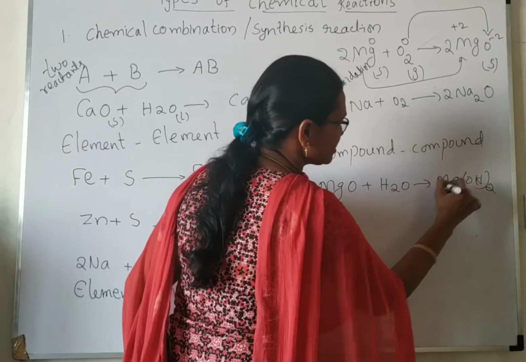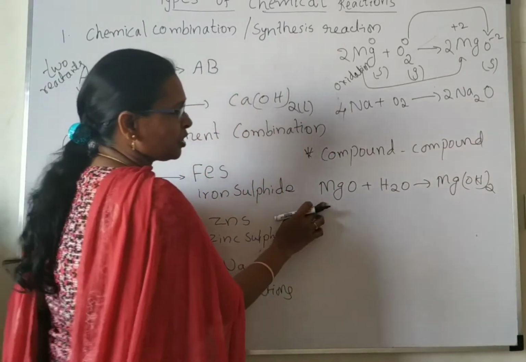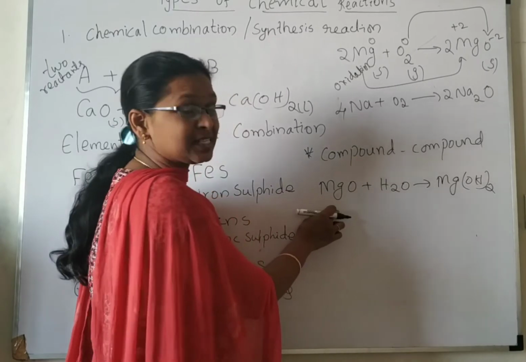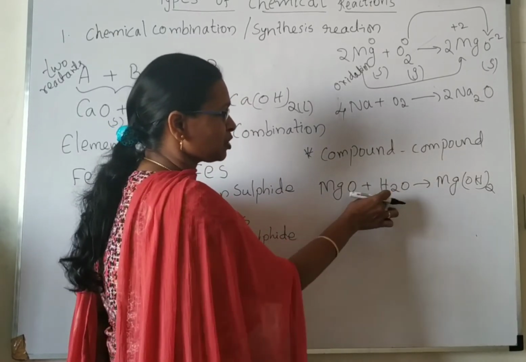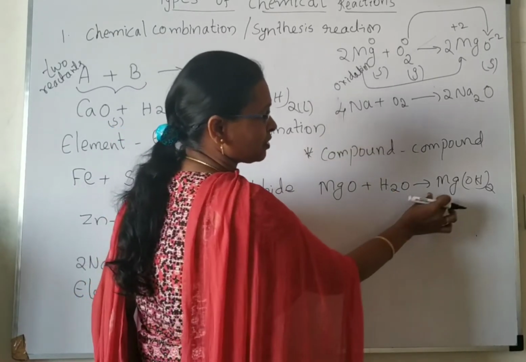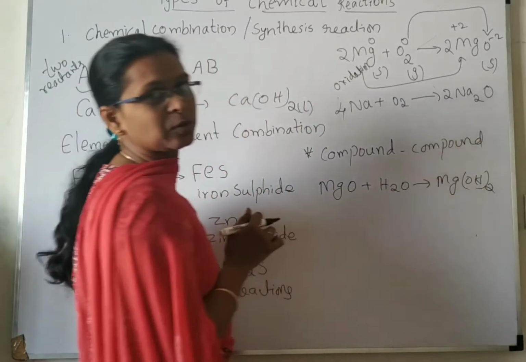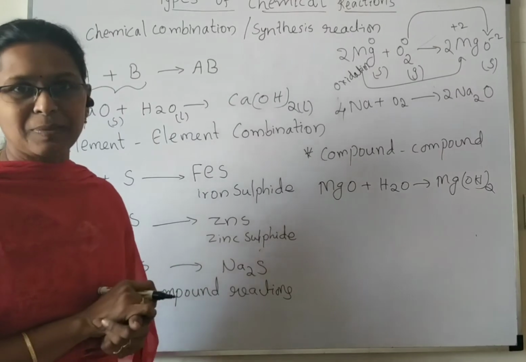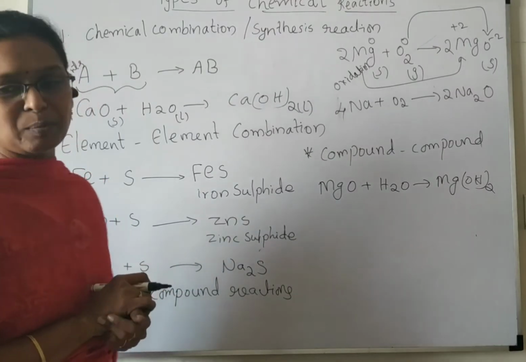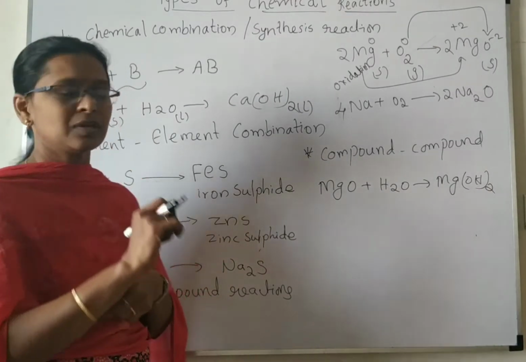No need of balancing for this. On the left hand side, 1 magnesium, 2 hydrogens and 2 oxygens are there. Here also on the right hand side, 1 magnesium, 2 hydrogens and 2 oxygens. So now this equation is completely balanced. Compound combination reactions we can say.